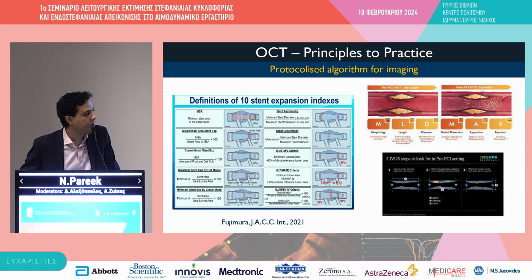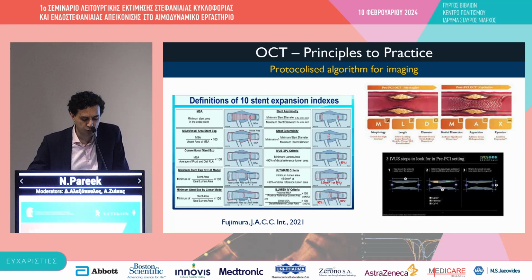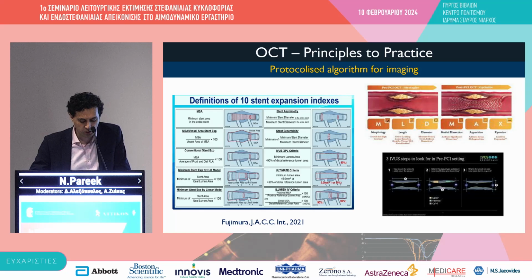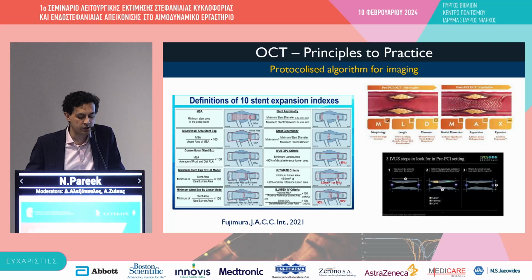But how about routine use of intracoronary imaging in every single case? Well, there are now systematic algorithms aimed to improve incorporation of intracoronary imaging into our daily practice. These provide a protocol and then targets for each of our angioplasties. There are several of these. The most well-known are IVUS-XPL, ULTIMATE, and the ILUMIEN 4 criteria.